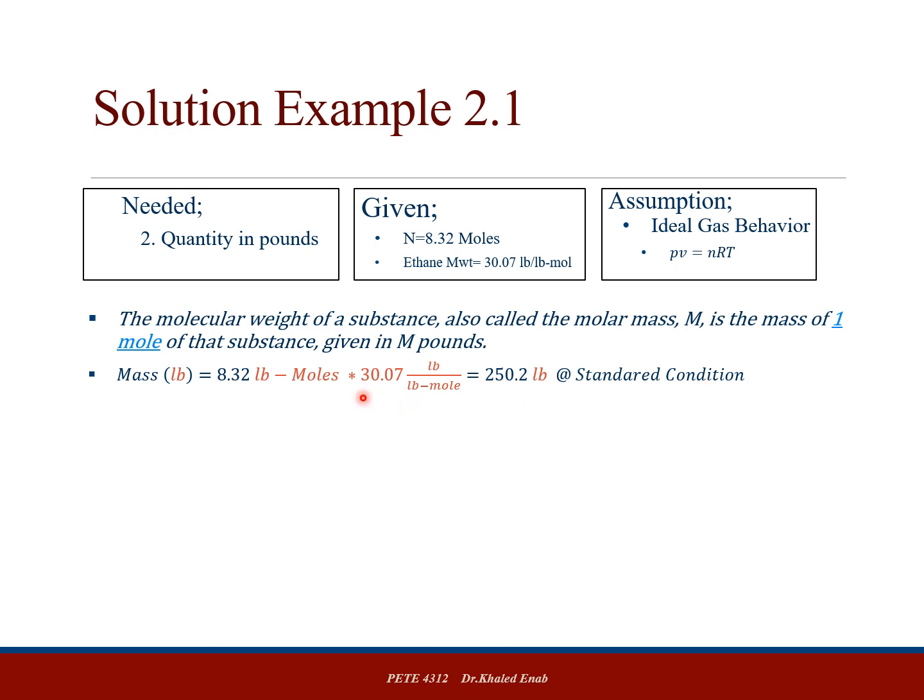Why? Because 30.07, the molecular weight, is considered under the standard condition. Okay, but my 8.32 pound moles was not under standard condition. Would that make any change in my calculation? Let's think about it. I get a gas under high pressure, high temperature, 100 psi and 100 degrees, and it's compressed.